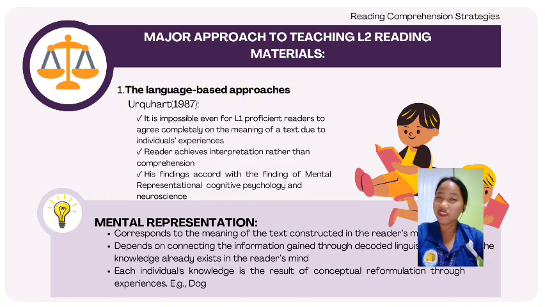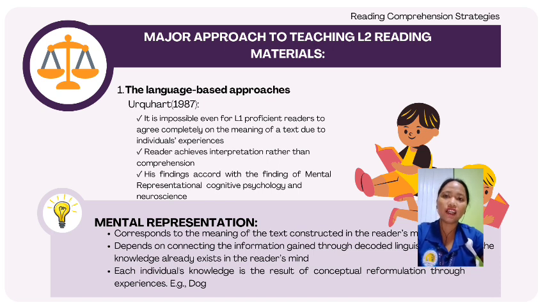Urquhart's work challenges the idea of a single interpretation, stating that even L1 proficient readers cannot fully agree on the meaning of a text. Instead of simply comprehending a fixed meaning, readers achieve an interpretation influenced by their background and cognitive processes.